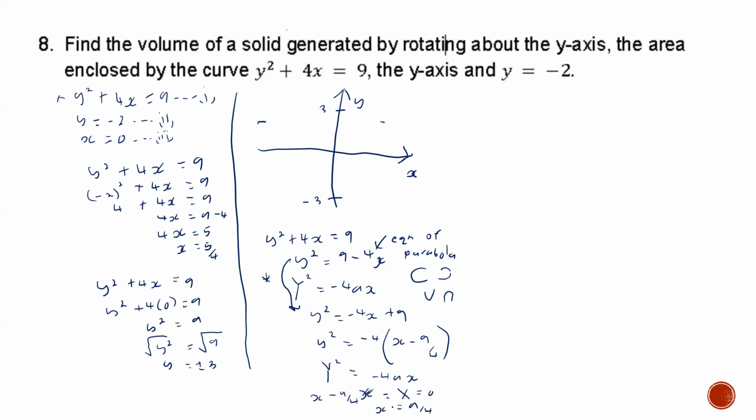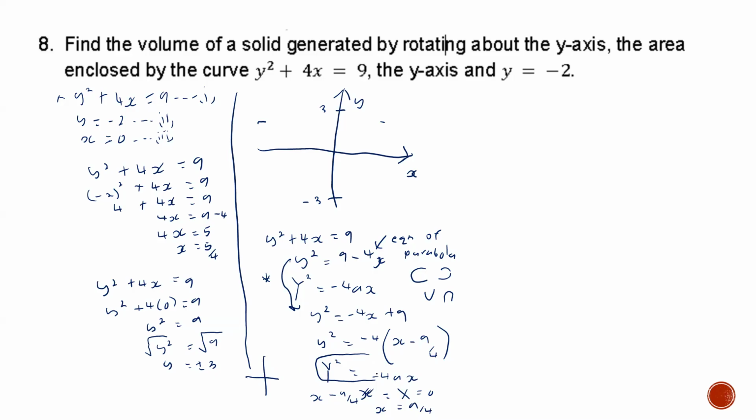Now, someone is probably going to ask me, why am I saying capital X is equal to 0? The y and the x stand for, if I remember correctly, the coordinates of the vertex. And the coordinates of the vertex for the general form are always 0, because this curve is actually a C curve.